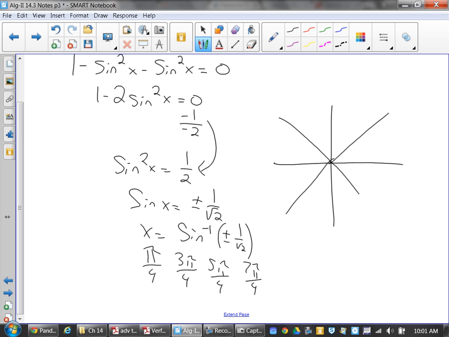If you take root 2 over 2 and square it, and subtract root 2 over 2 and square it, what do you get? 0. Junk squared minus the exact same junk squared is gone.